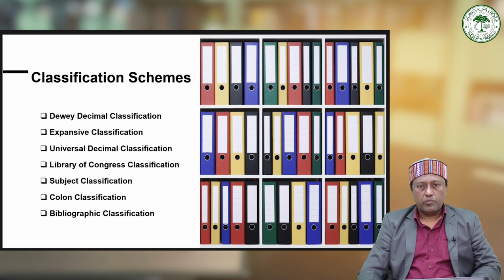And the next scheme of classification is the Library of Congress Classification. The Library of Congress Classification, LCC, is again a widely used classification system that originated in the late 19th and early 20th century as a means of organizing the vast book collection of the Library of Congress, the National Library of the United States.